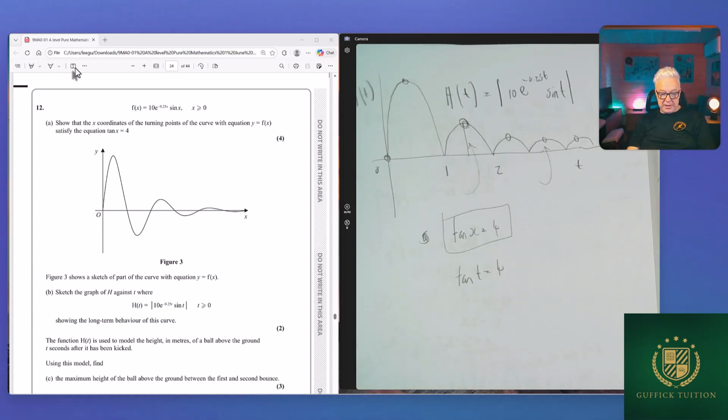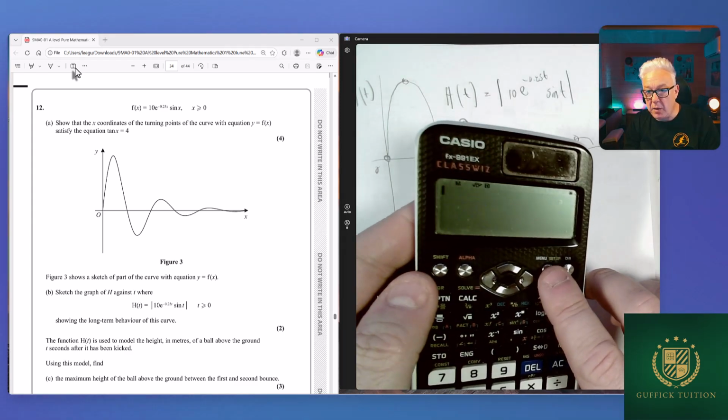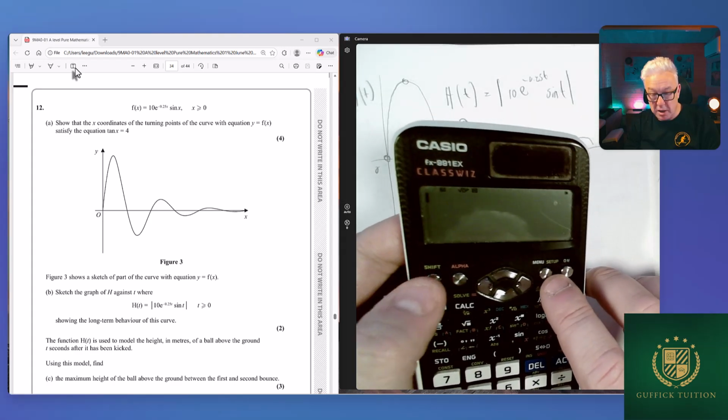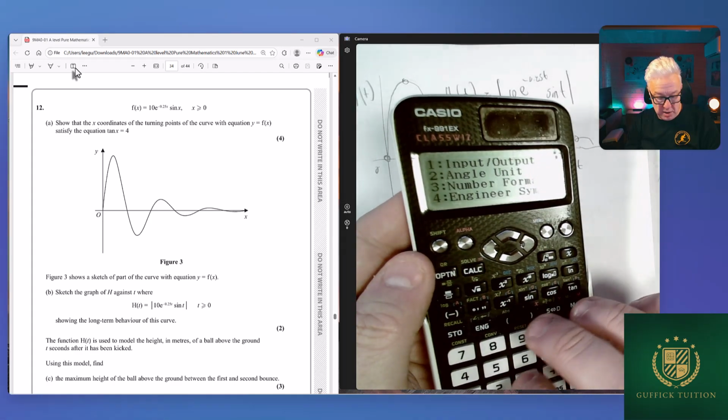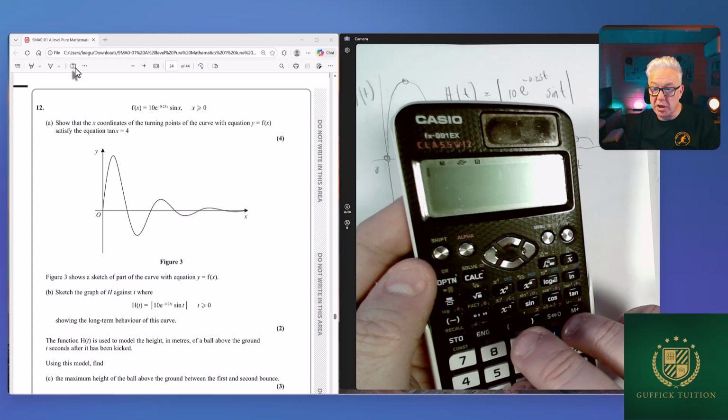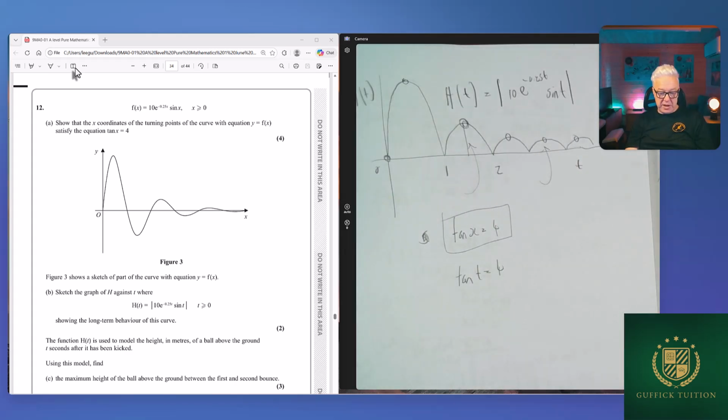Let's do inverse tan of 4. Now, are we in radians? We ask ourselves, and we say to ourselves, yeah, we've got to be in radians because we're differentiating trig. And anytime you're differentiating trig, it only works if you're in radians. Okay, so inverse tan of 4. Which is a really good point, actually, because in this question, there isn't anything here.